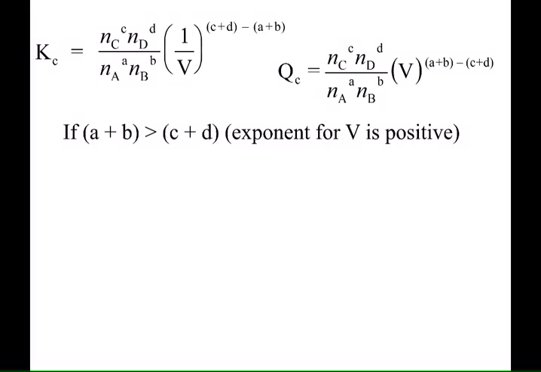If that exponent of volume, which now is the sum of the coefficients of the reactants minus the sum of the coefficients of the products, is positive, then our Qc is going to be larger. Does that make sense? If it's positive, our Qc is now going to be larger than our Kc.